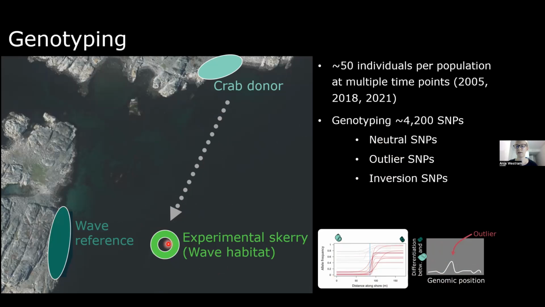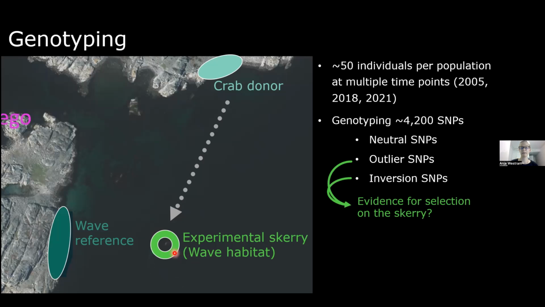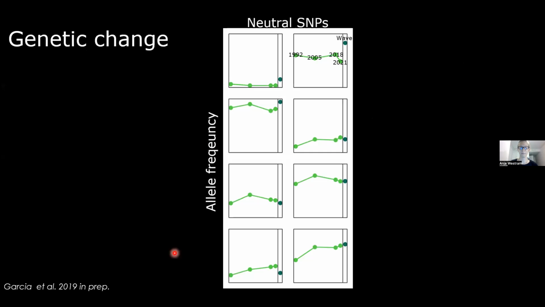And of course, that's why we included them. Finally, we also included some inversion SNPs so that we can also see the frequencies of the inversion arrangements changing in the skerry population. This I already said. So now I'm just showing you a couple of results from this study.